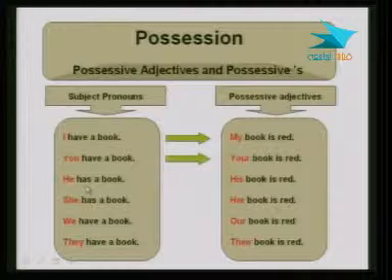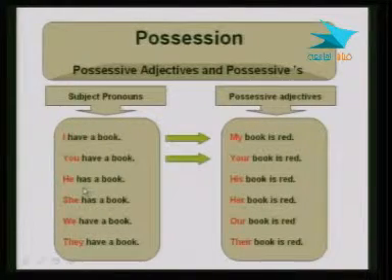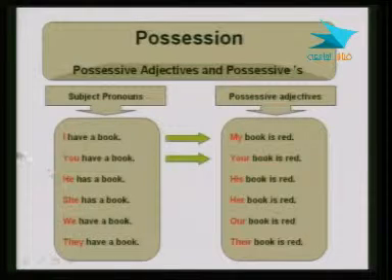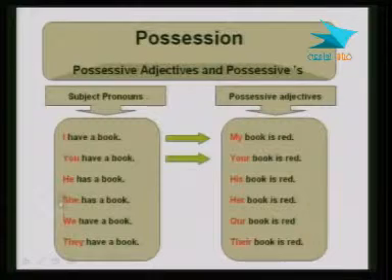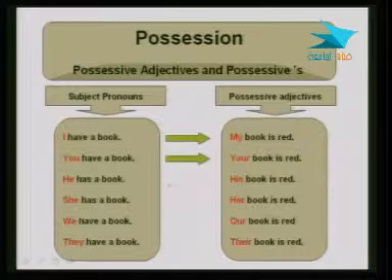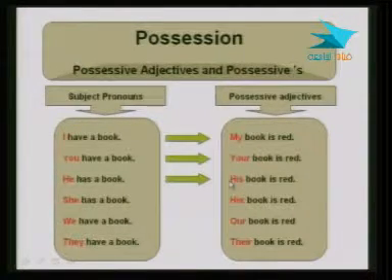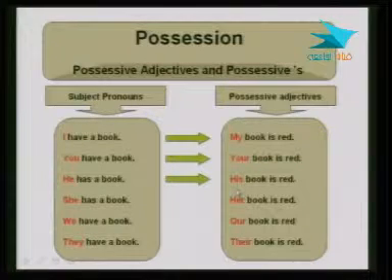And see here, you notice that we have the use of the word has, not have, because we can use have with I, you, we, and they, but has, we use it with he, she, it, and a singular subject. So he has a book, and therefore, okay, it's his. So his book is red. This is a different way to say it.